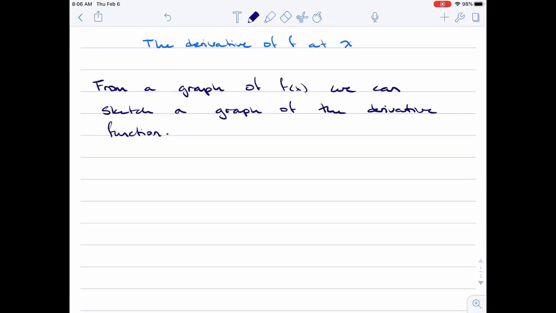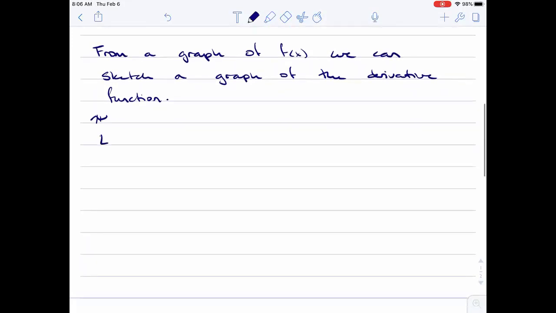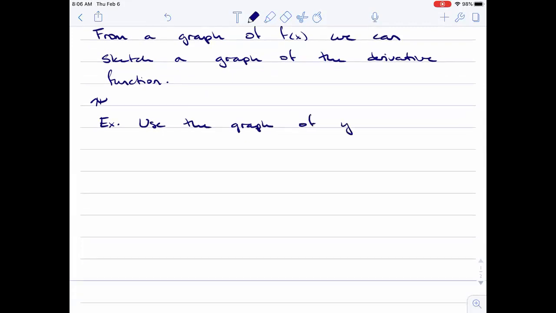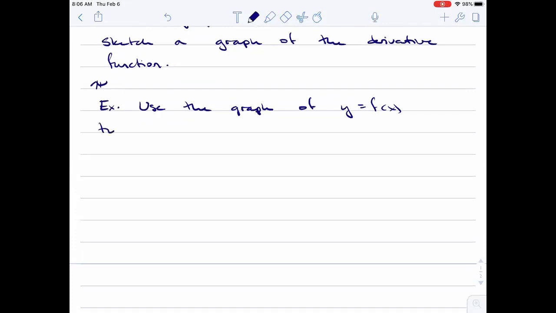So we did one last day, but here I'll start with a new one. So let's say, as an example, use the graph of y equals f of x to sketch the derivative, y equals f prime of x.